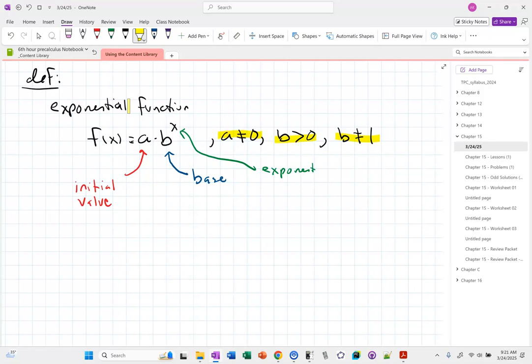Why does b need to be positive, though? That's a little bit harder to see. So the b is the base for the exponential. Let's think about what would happen if that number is like -2. Remember, x is a variable, so it could be any value we want, right? So x could be a number like 1/2. Why would -2 to the 1/2 be a problem?